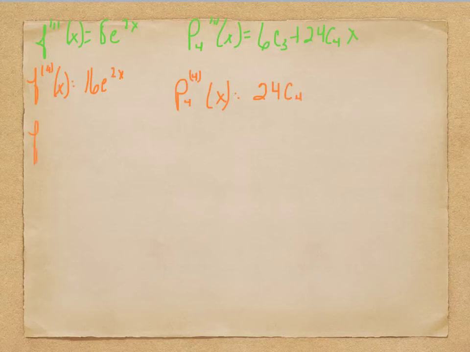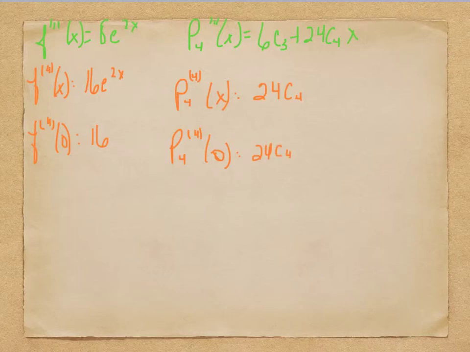But then if I put in 0, the fourth derivative of f at 0 would be 16, and the fourth derivative of p at 0 would be 24 c4. So then we get 16 is equal to 24 c sub 4, divided by 24, and we're going to get that c sub 4, both of those are divisible by 8, would be 2/3.